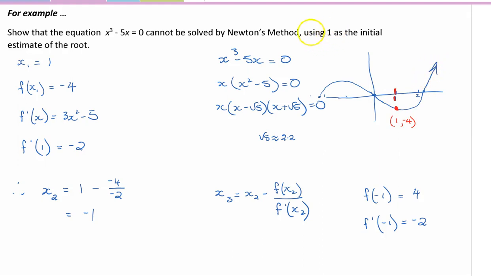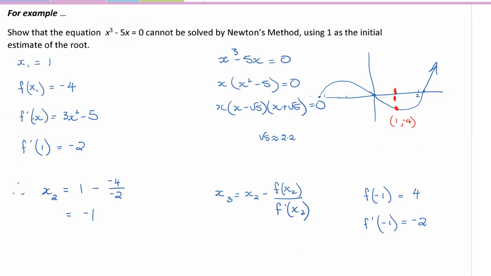Now, the initial estimate was 1, so it's about here on the graph. At that point, when x is 1, so my first estimate, x1 is 1, the function value there is -4, just subbing into here.